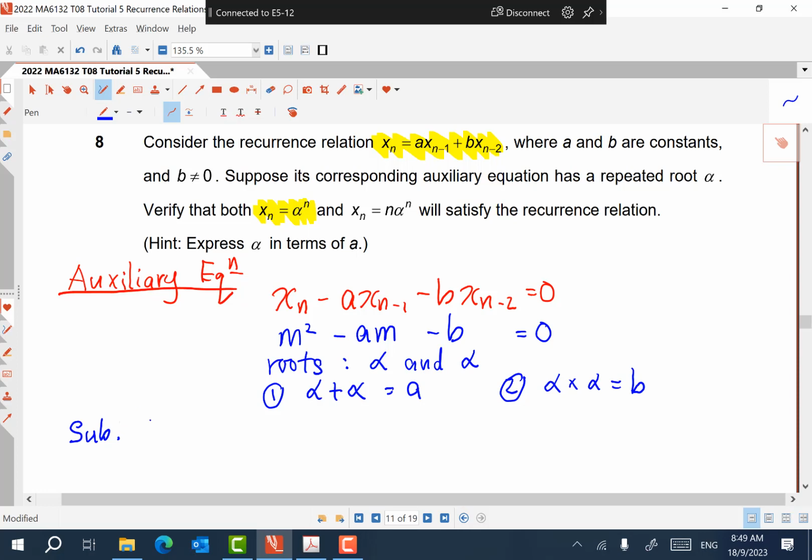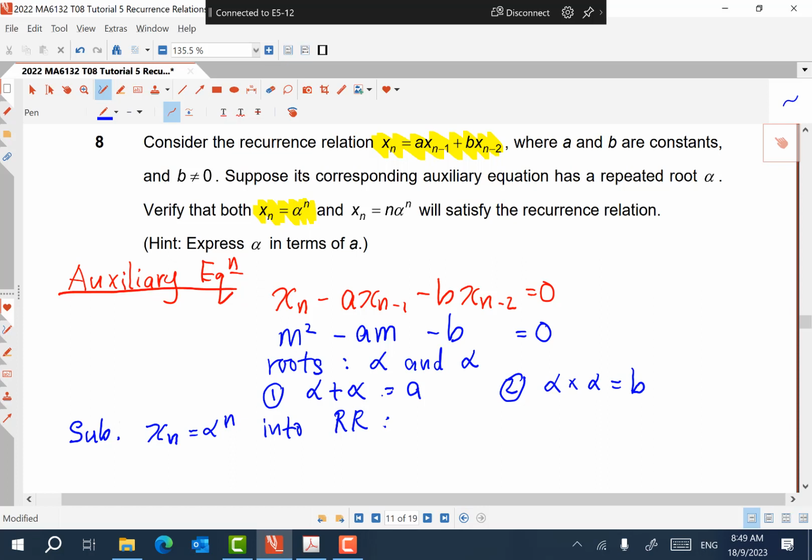Substitute x n as alpha to the power n into the recurrence relation. To prove that something is a solution of an equation, the best thing to do is just plug it in.